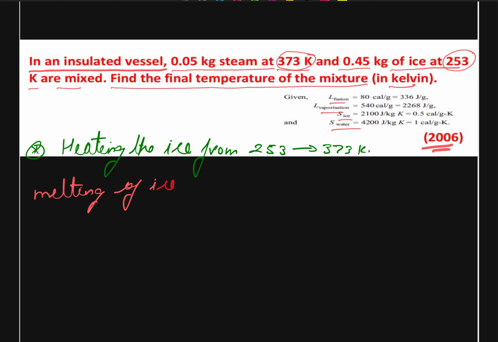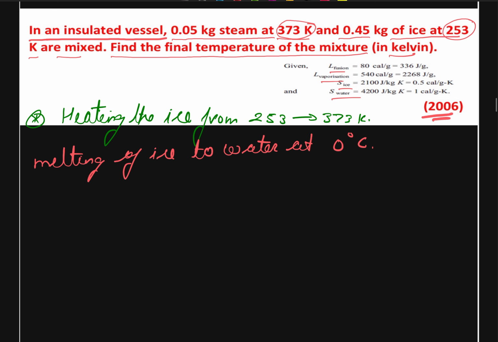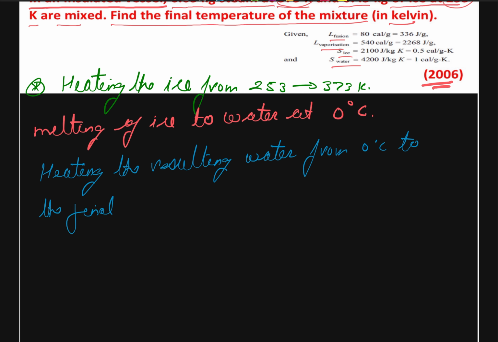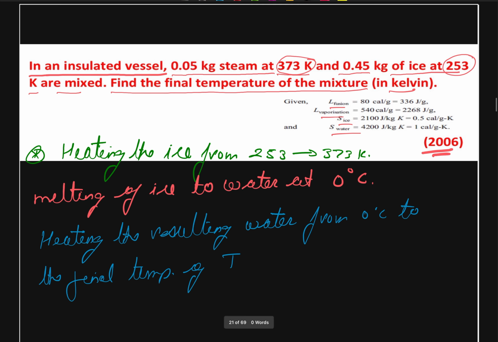Melting of ice to water at 0 degree centigrade happens next. Then heating the resulting water from 0 degree centigrade to the final temperature of T.